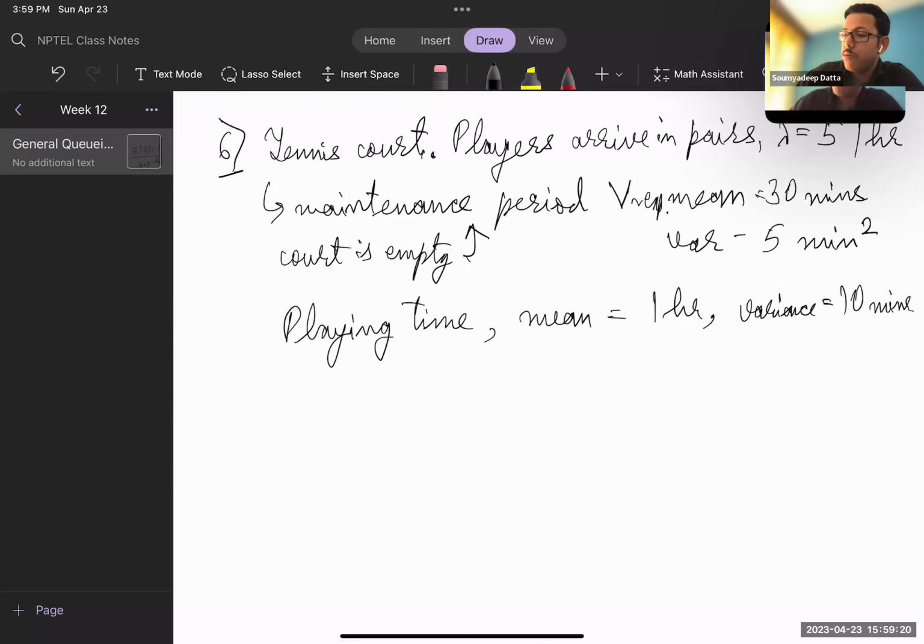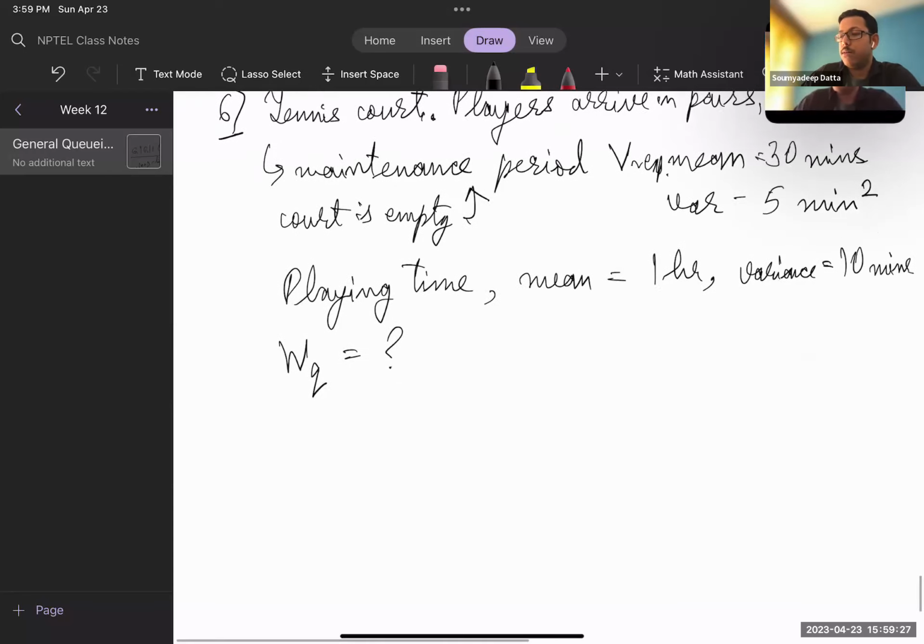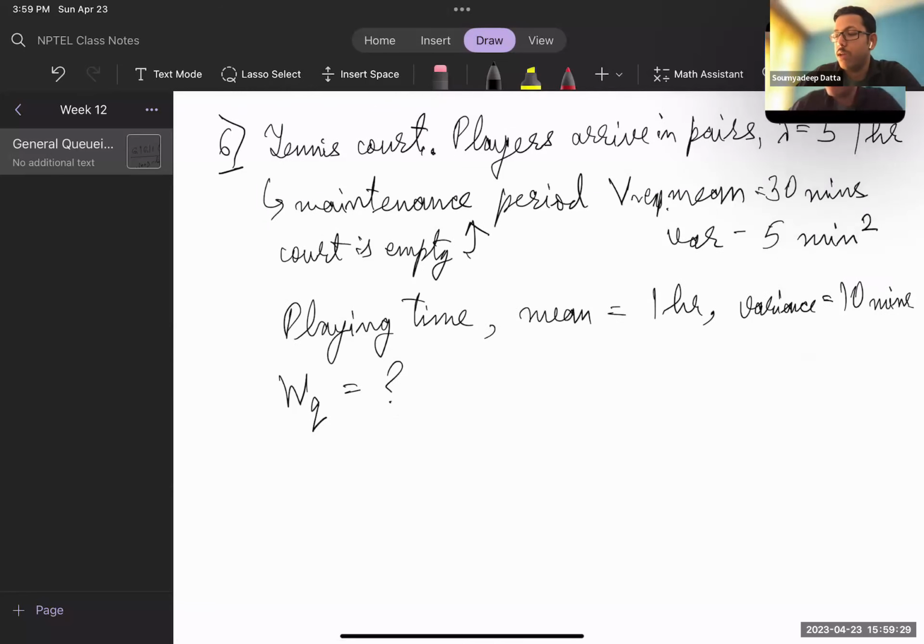So what we want to find out is the mean waiting time in a queue until you get the tennis court free, right?